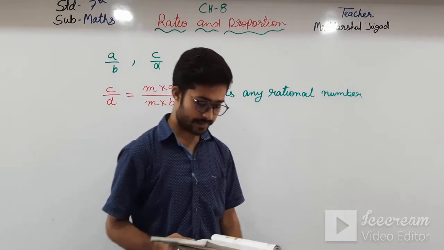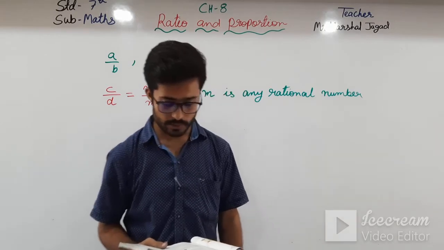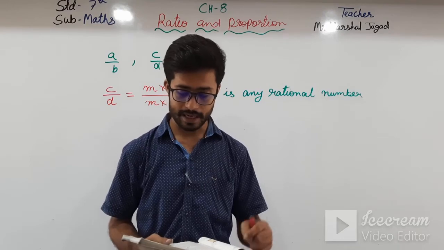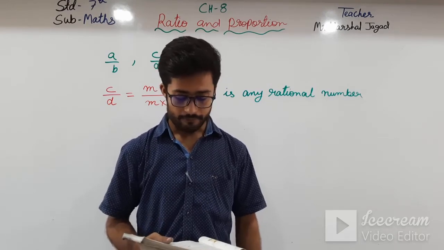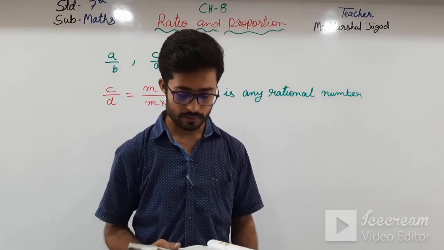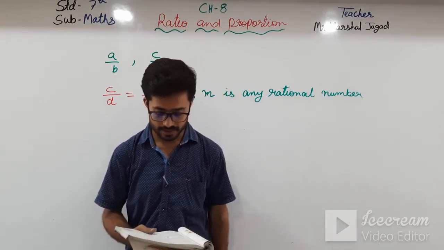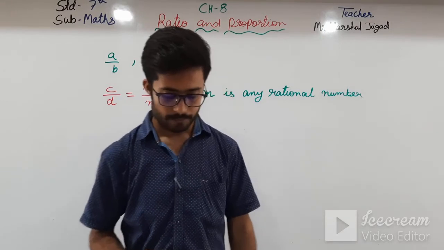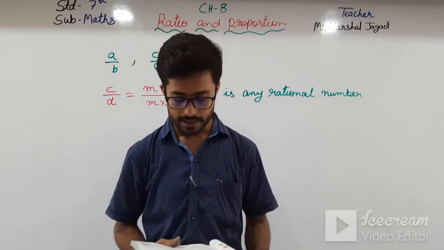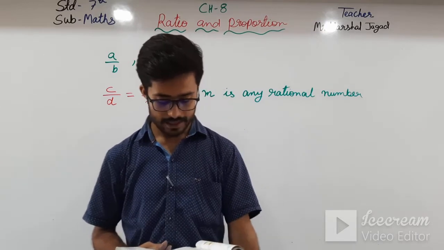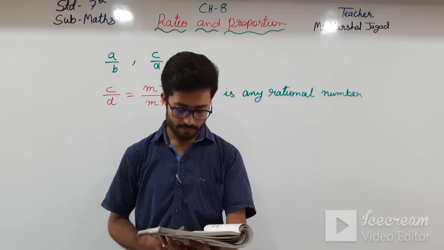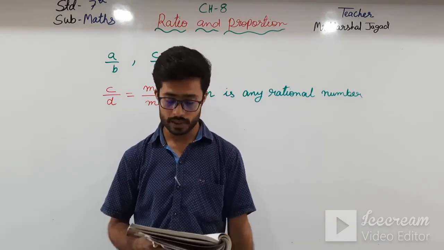A proportion is a statement used to express two equivalent ratios. 2:3 is a ratio, 6:9 is a ratio. After cancelling out the factor 3, we get 2:3 is equal to 6:9. Then this statement is called a proportion. In other words, A upon B is equal to C upon D, that we say A upon B is proportional to C upon D. It is a statement about the equivalence of two ratios.